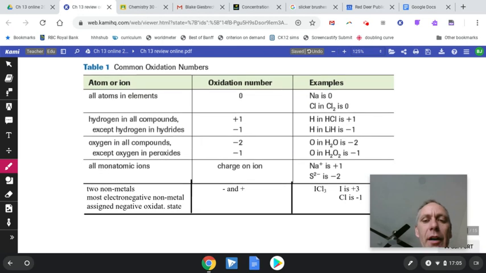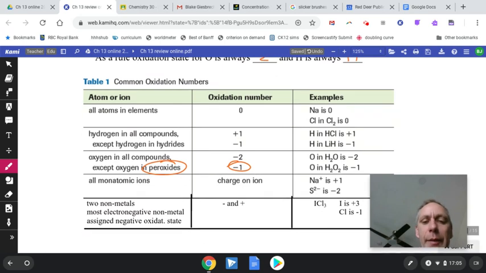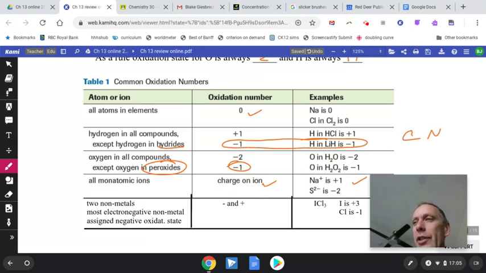Okay, oxidation number. So you have this chart already. Remember that oxygen is always -2 unless it's a peroxide, then it's -1. Hydrogen is always +1 unless it's with a metal, and it's -1 as a hydride. Elements are always 0. Ions are the same charge. Watch out for things like carbon and nitrogen and phosphorus.